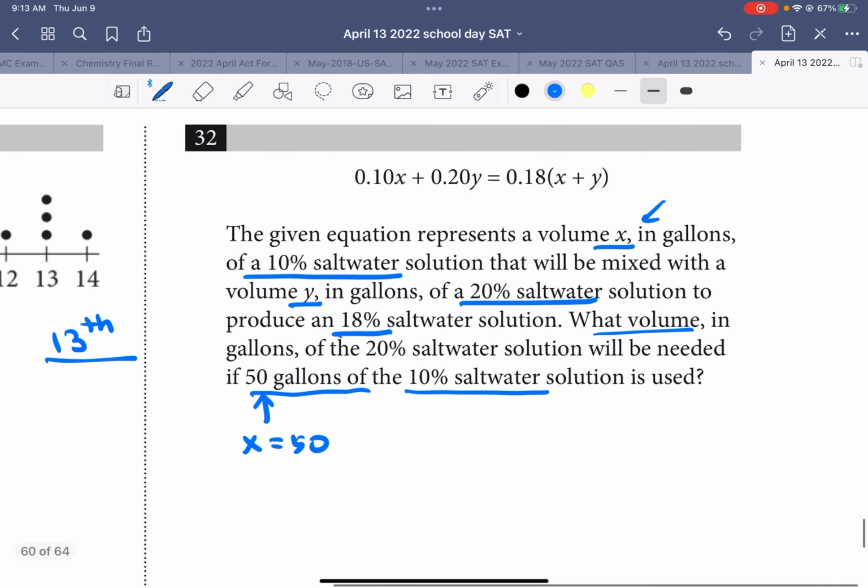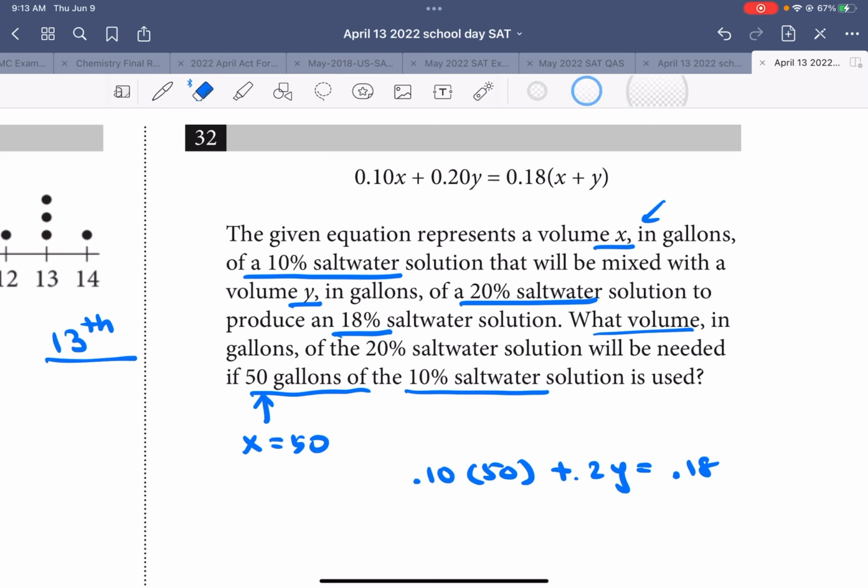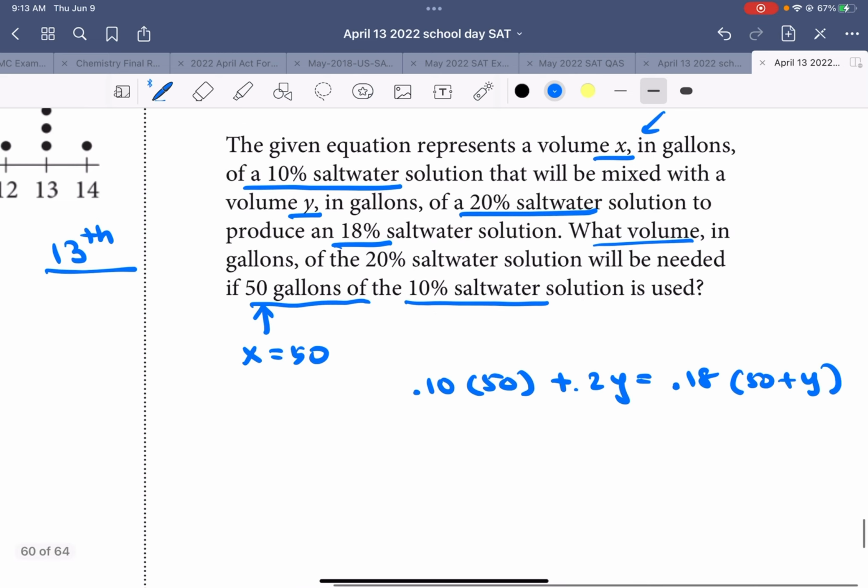So if you substitute, 0.10 times 50 plus 0.2y equals 0.18 times, X we know, 50 plus Y. Okay, so let's simplify. 0.1 times 50 is 5, plus 0.2y, and 0.18 times 50 is 9 when you distribute, plus 0.18y.